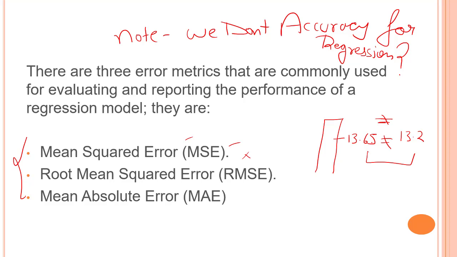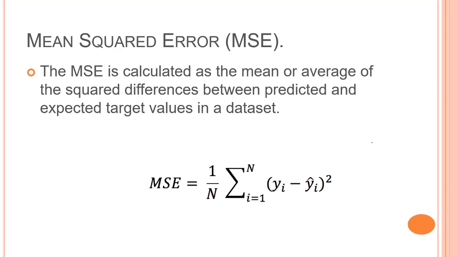Let's start with mean squared error. It is a very important loss function for algorithms fit or optimized using the least squares framing of a regression problem. Here, least squares refers to minimizing the mean squared error between the prediction and the expected value. Let me shorten it for you.